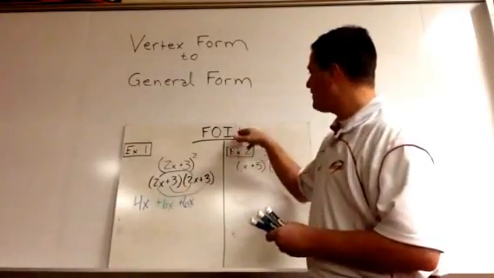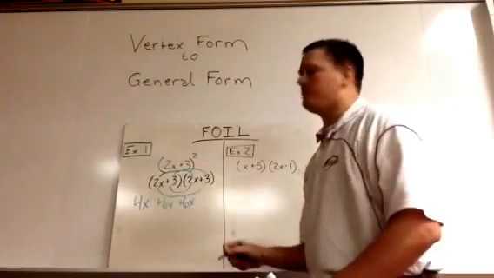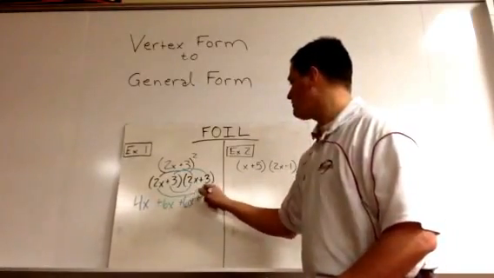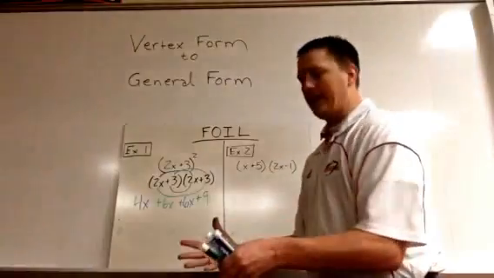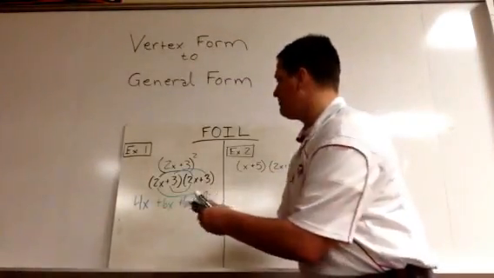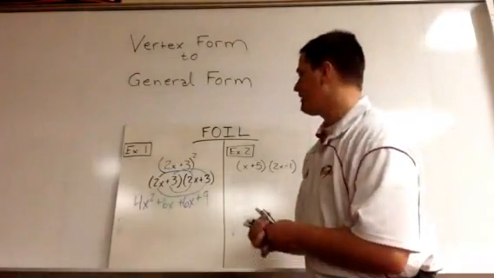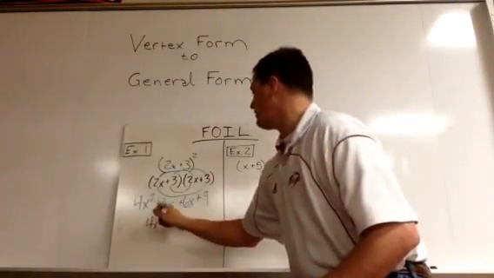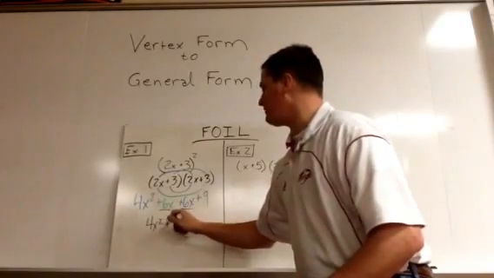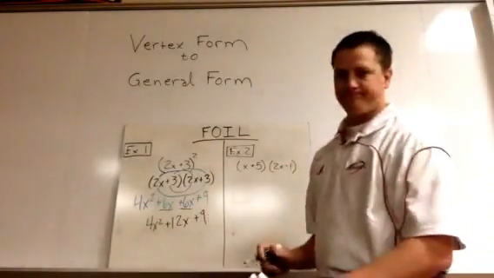And then we end with our last terms in each. So positive 3 times positive 3 gives us positive 9. And we end in the same way as the Punnett Square, combining any like terms. 4x squared, like terms, give us positive 12x and positive 9 at the end.